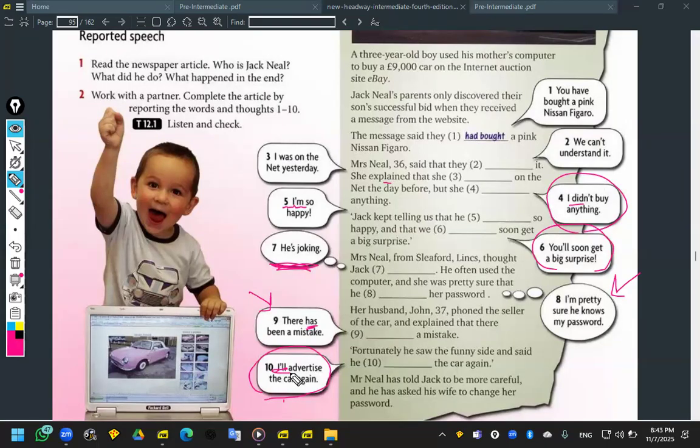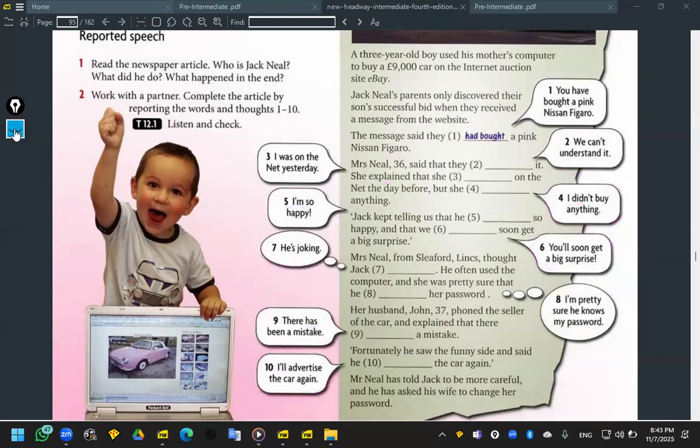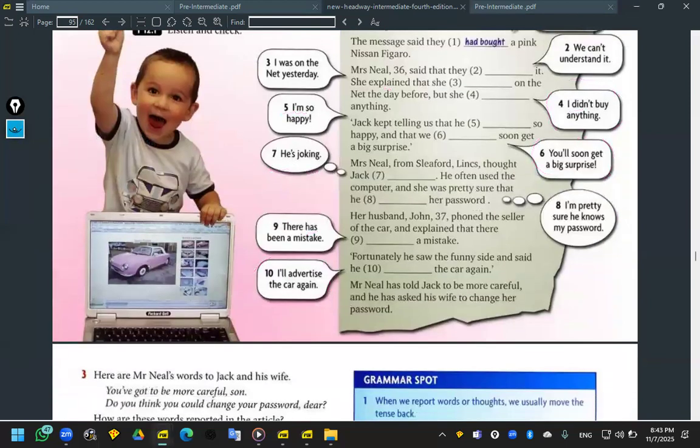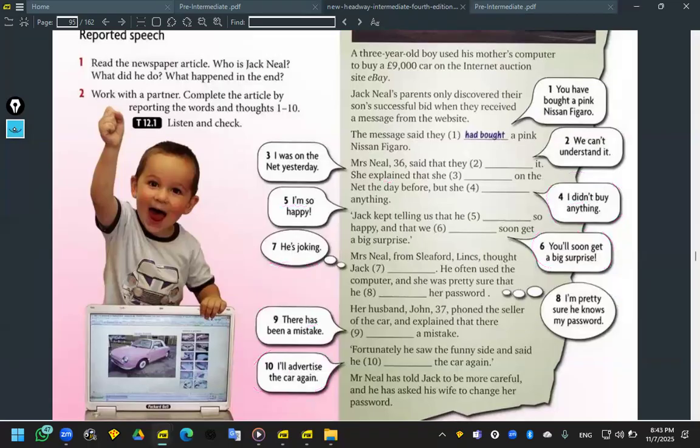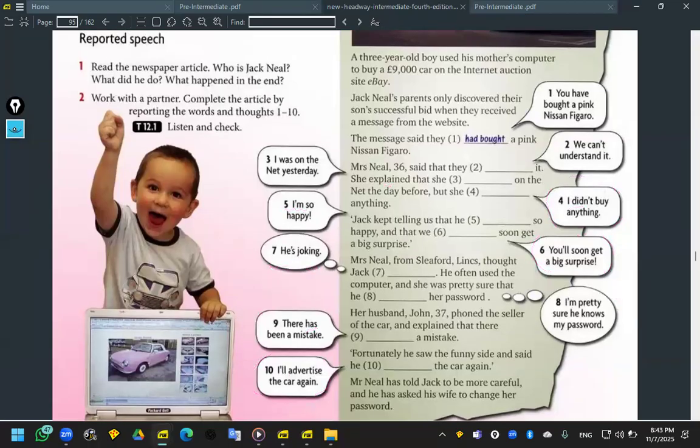Mr. Neal has told Jack to be more careful, and he has asked his wife to change her password. So this is it. Be careful about these thoughts because we have to change them from direct to indirect. Now I think you are able to answer these questions.